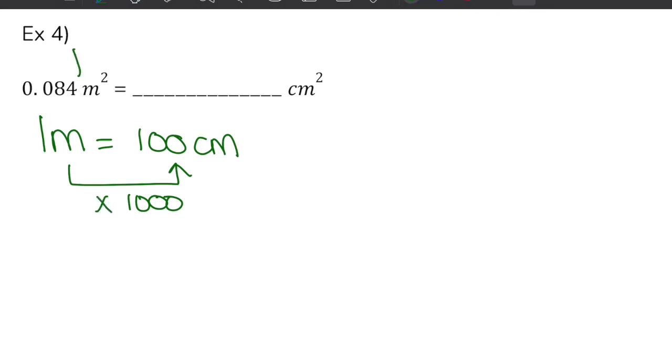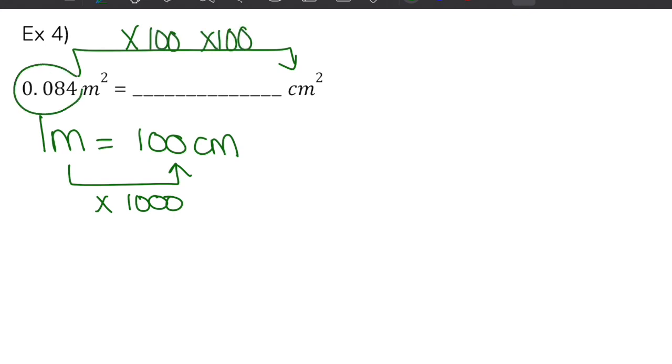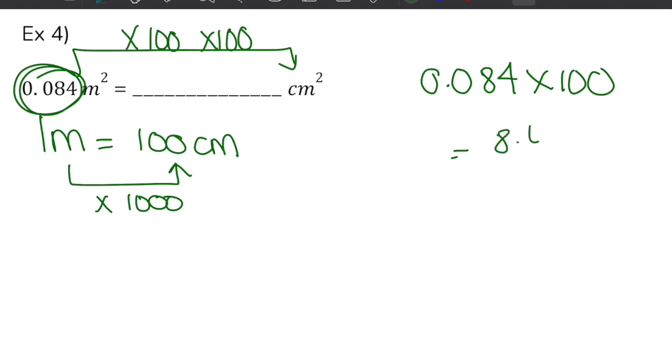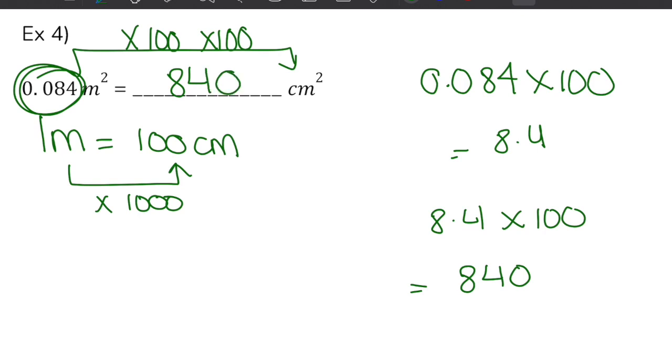Okay, so here I'm going to multiply by 100 twice. So I'm going to write my work over here in the margin, 0.084 times 100. That gives me 8.4. Take that answer, multiply by 100 again. That gives me 840. And that is my answer, 840 centimeters squared.